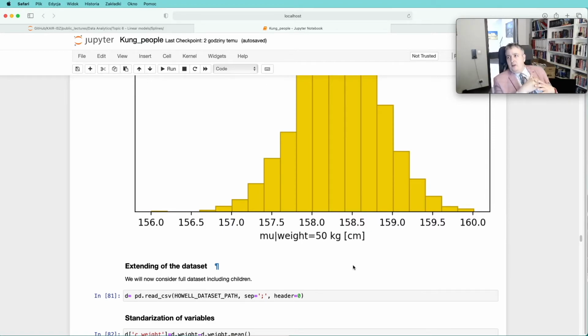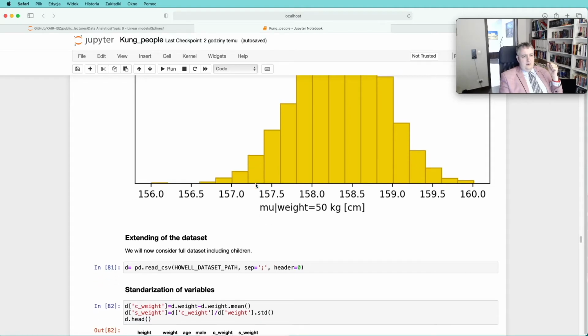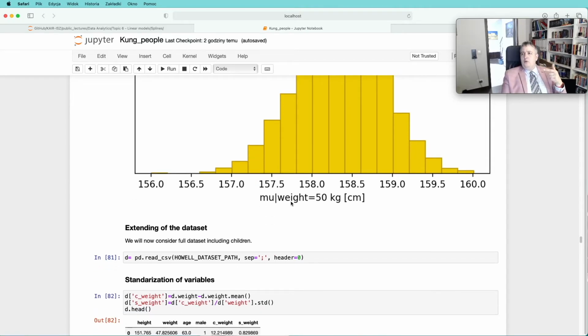But our data set also contains the measurements of the kids. So what can we do with it? We can extend our dataset to get the entirety of it, and in order to simplify the situation, we will standardize this dataset. What does it mean?